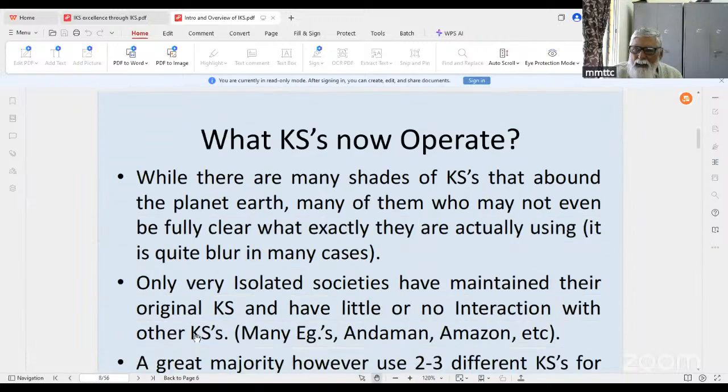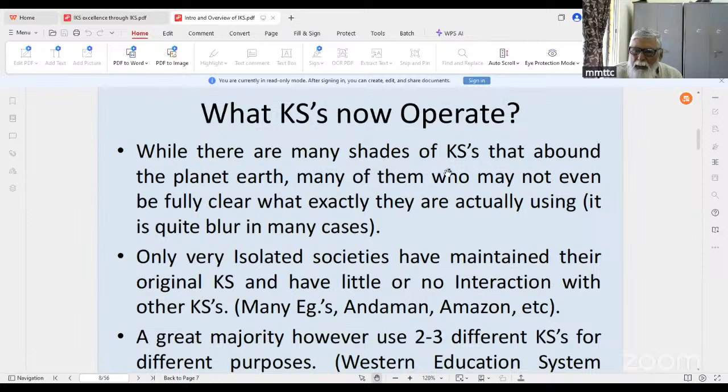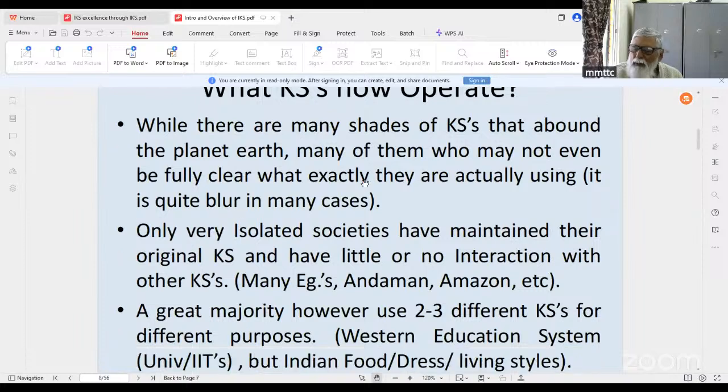So, which knowledge systems actually operate now? There are many knowledge systems. Many of us are not even clear what we are using. We'll see that. Only very isolated societies have maintained their original knowledge system and have little or no interaction with other knowledge systems. For example, many in Andaman, Amazon, all that, have their own knowledge system, quite isolated from the rest, and they have been maintaining it like this for the last 50,000 years.